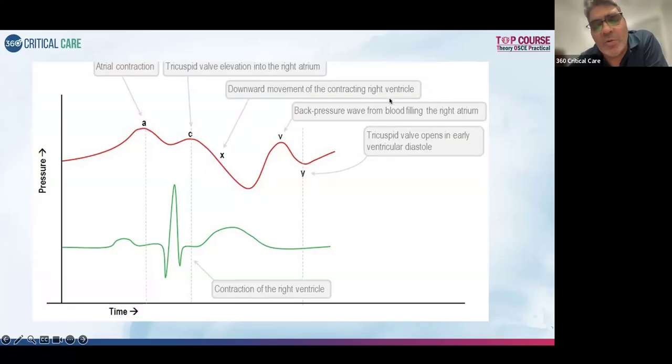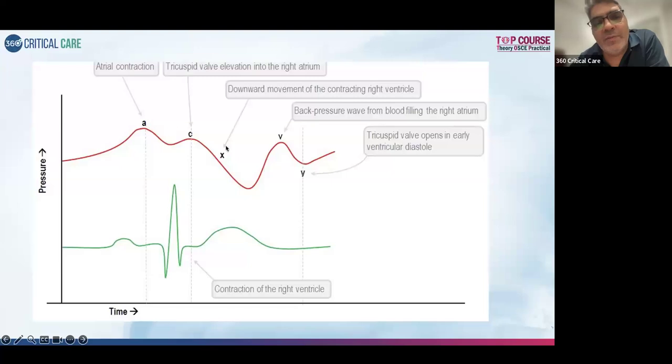What happens is, once the ventricle starts to contract against the closed tricuspid valve, initially the tricuspid valve moves into the atrium, causing a peak, which is C. But further contraction causes the ventricular size to come down, and the pressure drops in the right atrium, causing the X descent. Okay.